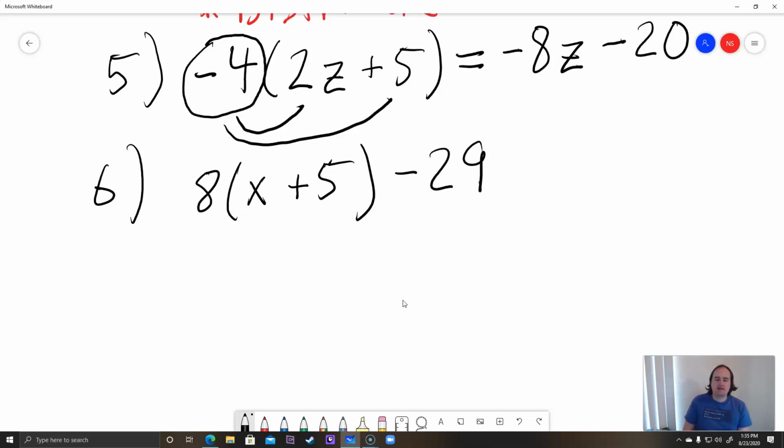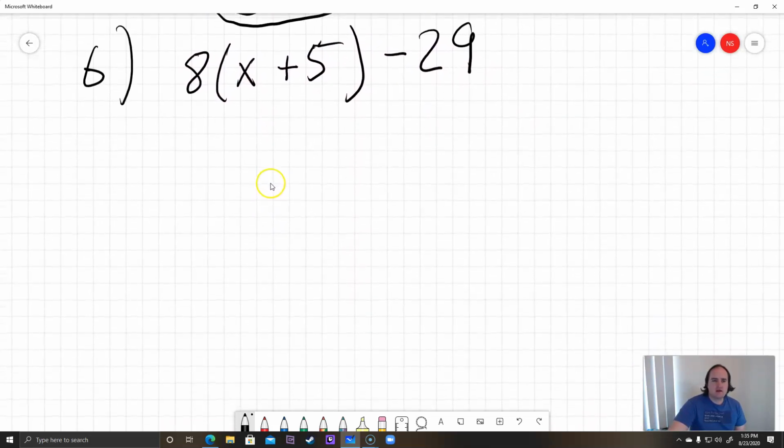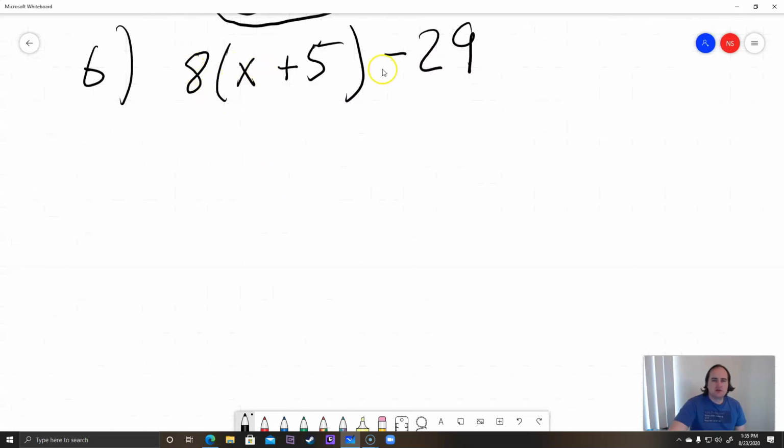Okay, so as you can see here, there are a lot of things going on. So first of all, we have 8 times parentheses x plus 5. And then over here, we have a negative 29 by itself. So the way you do these is you actually distribute first, and then you combine like terms.